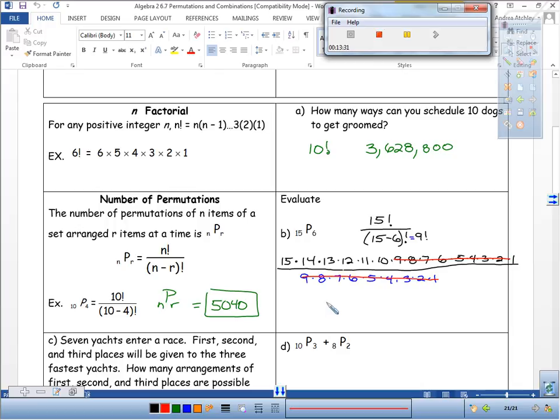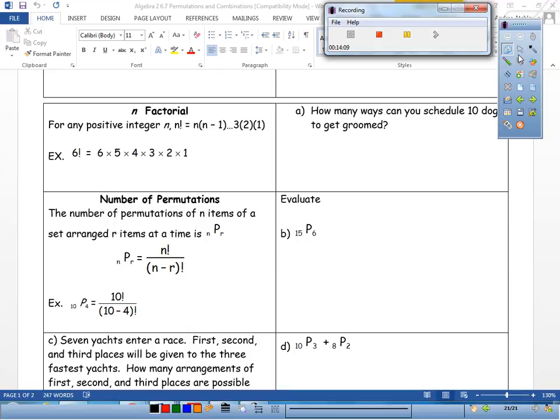And what does that give me? If you use your button, you got the same answer. But I'm showing you what's actually occurring, because it might be easier for you if you do not have a good calculator with you.